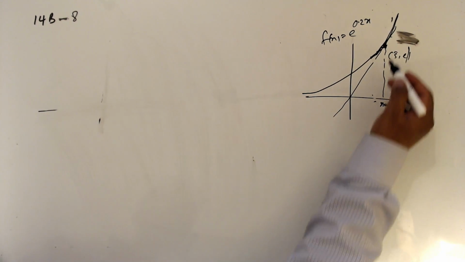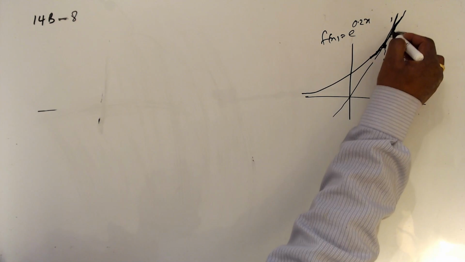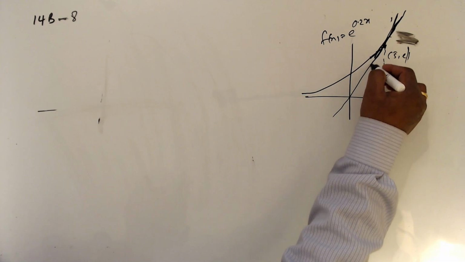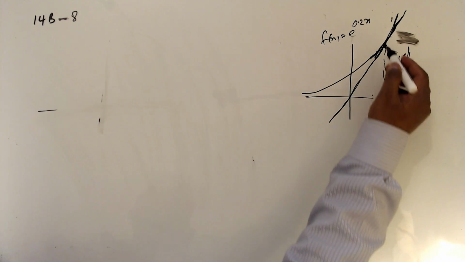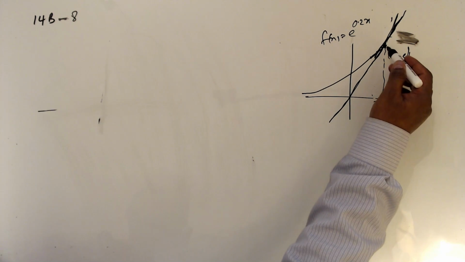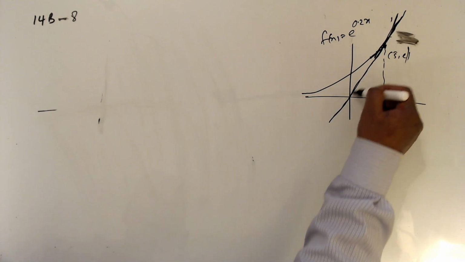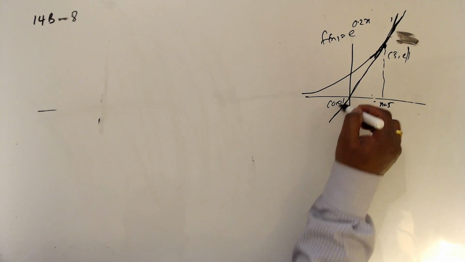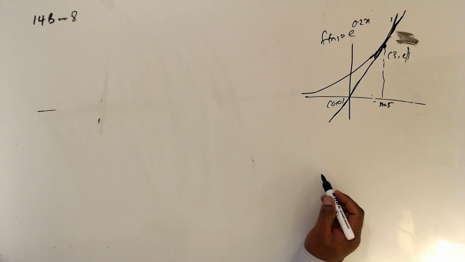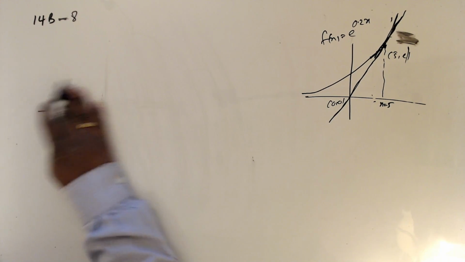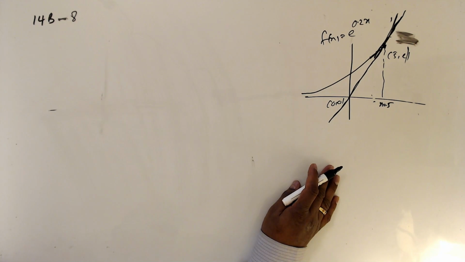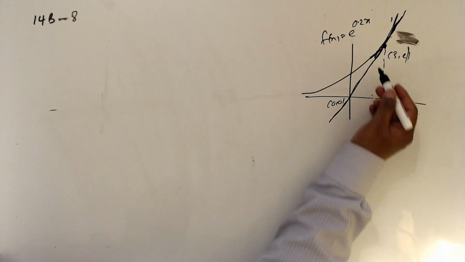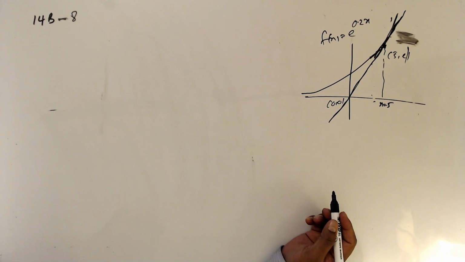At this point on the curve, the tangent is going through the origin. That's what we need to show. So first of all, we need to find the equation of the tangent.